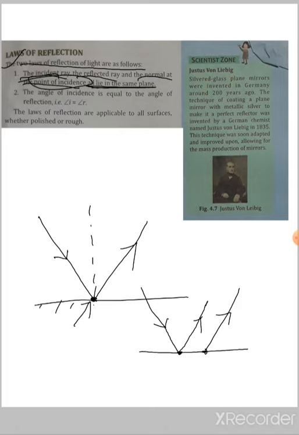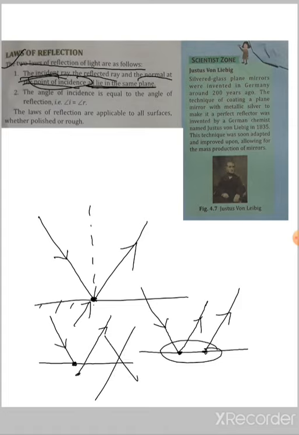Okay, now this was one phenomenon. The other one: this is my reflecting surface, this is my incident ray, it is pointing here, so this is my point of incidence. The point of incidence is here, but my reflected ray is coming from here, from below. Is that possible? No, this is also not possible.